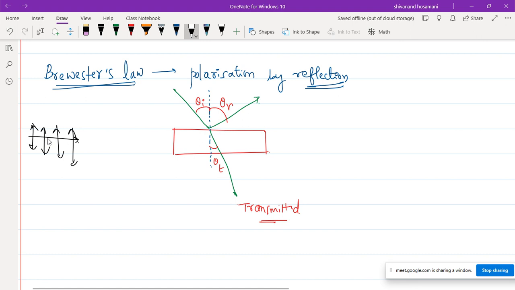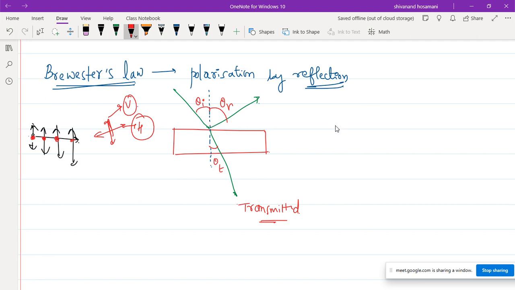The white dot is not visible, therefore I will put it in red. So this is red, and here also it is red. These are perpendicular to that. One is called the vertical component, another is called the horizontal component. So we represent unpolarized light like this.